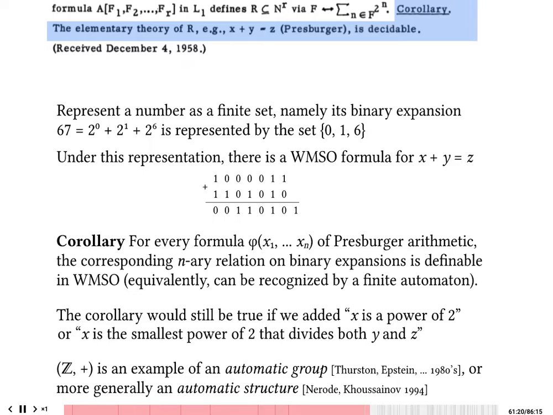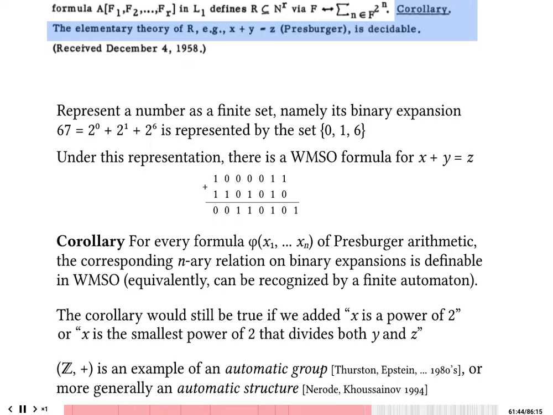There's a book by Epstein and co-authors, and he credits the automata insight in group theory to the great geometer Thurston. But even beyond automatic groups, you can imagine automatic structures, a notion based on automatic groups, introduced by Nerode and Khoussainov.